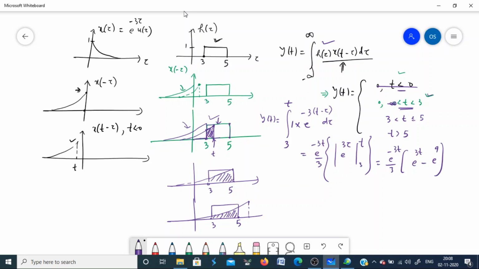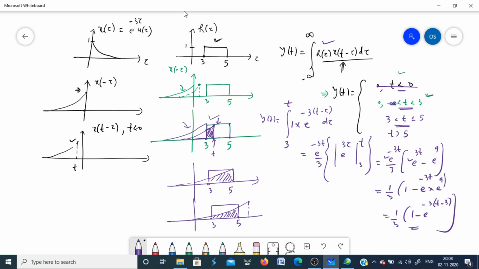Or you can multiply them, and you will get 1 by 3 into 1 minus e raised to power minus 3(t minus 3). So between 3 to 5, this is my answer.